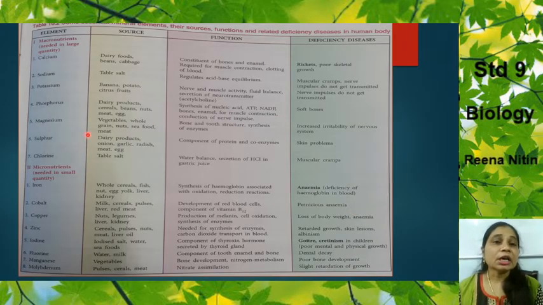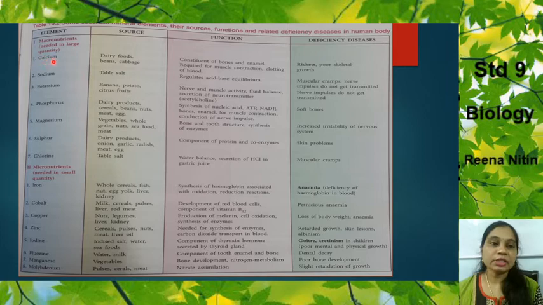Now this whole table gives you the name of the element, the sources, the function, and the deficiency diseases. They are divided into two parts. You can see the macronutrients up to chlorine, and then the micronutrients. What is the meaning of macronutrients? They are nutrients required in large quantity, while micronutrients are required in much lesser quantity.